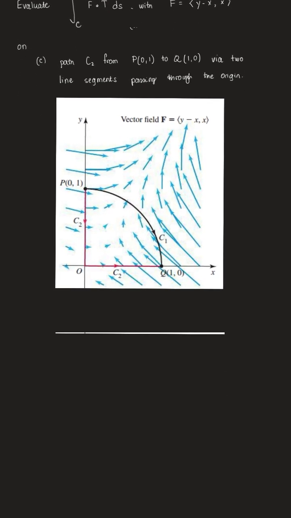So our first line segment is the one that's going to go from P to the origin. And if you recall with lines in R2, we can parameterize them using x equals x0 plus at, y equals y sub 0 plus bt, where a, b is our direction vector of the line.